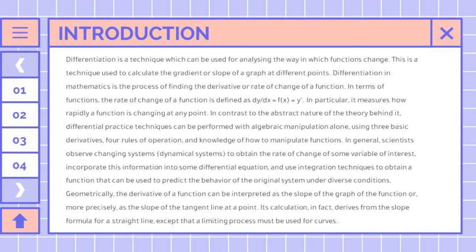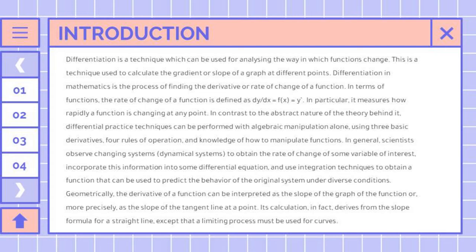In general, scientists observe changing systems or dynamical systems to obtain the rate of change of some variable of interest, incorporate this information into some differential equation, and use integration techniques to obtain a function that can be used to predict the behavior of the original system under diverse conditions.